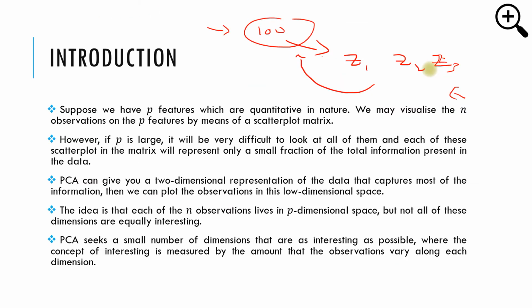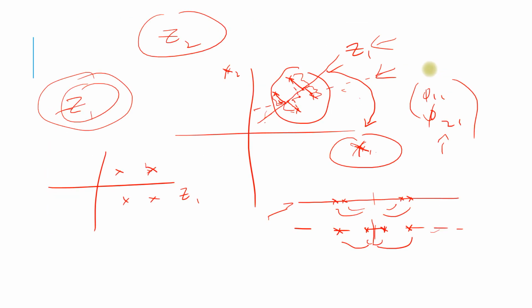uncorrelated. And the only way to ensure that they are uncorrelated is this: if you have been able to find the first principal component, it's very simple, you can now imagine an orthogonal vector, that is, a direction of a new line that is perpendicular to the current one.